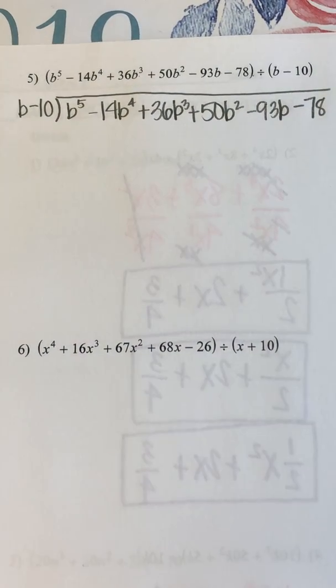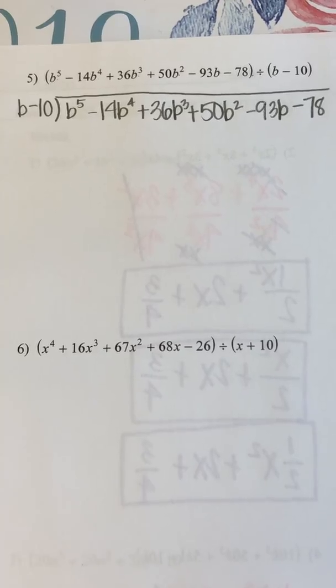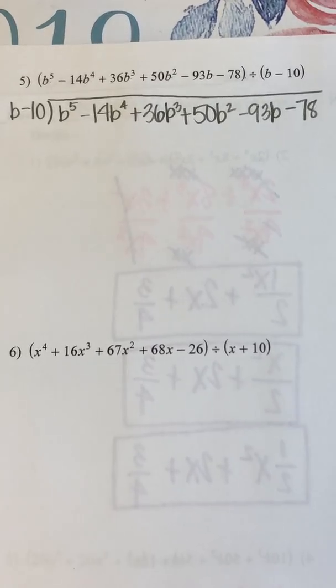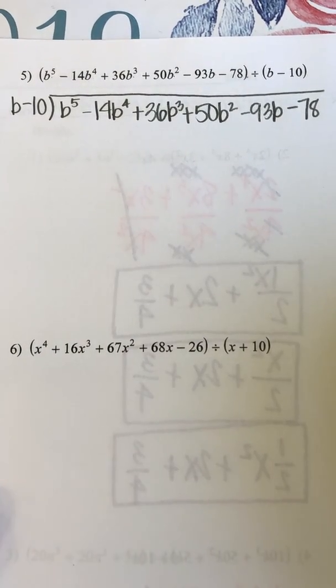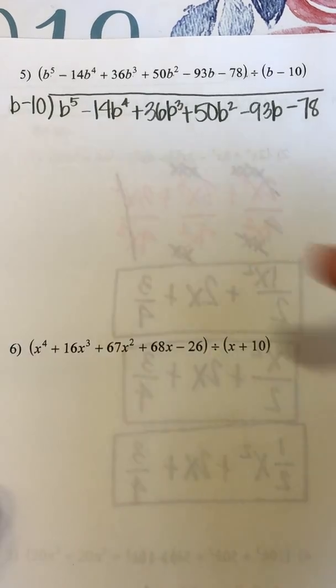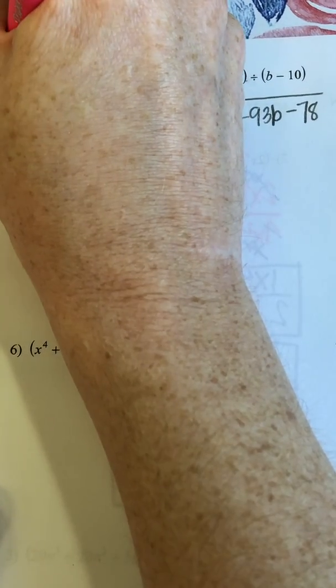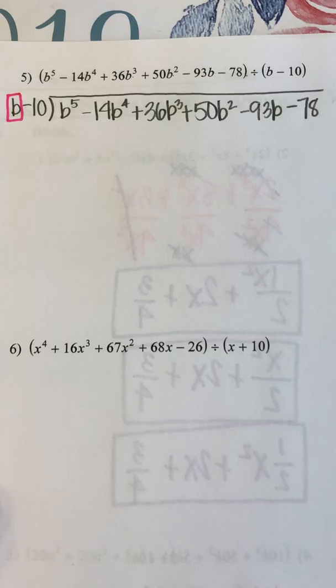Okay? It's a long problem, isn't it? All right, and as I'm working on this, just like I did with the 3 as my divisor over with the elementary school problem, I am only going to look at this b.